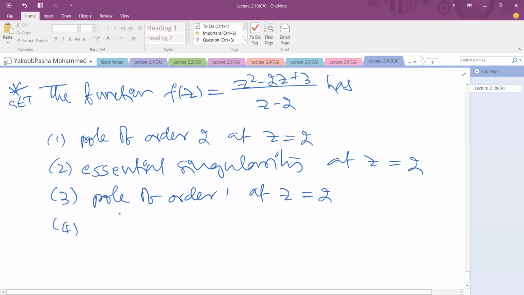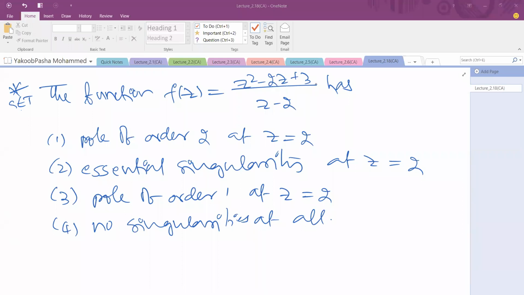And fourth option, no singularity at all. No singularities. A very simple question. Directly we can take the option. Actually, no singularity at all, we can check. We can eliminate this first itself, because there is a term in the denominator.